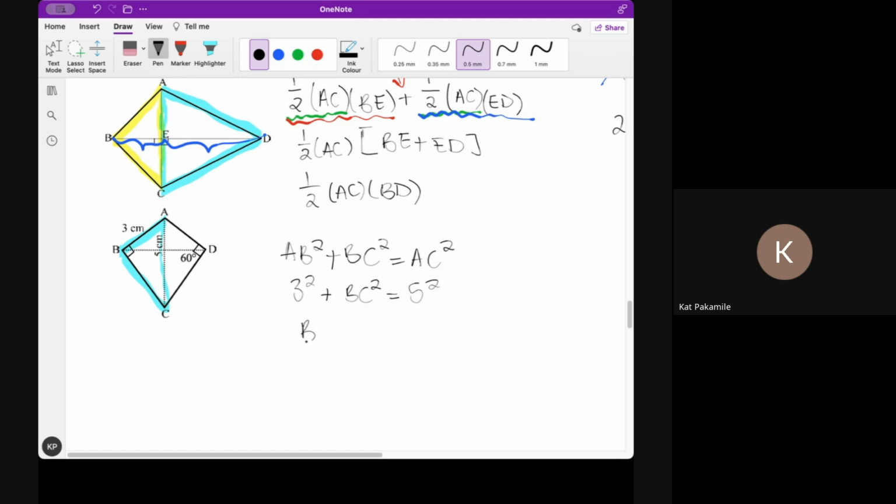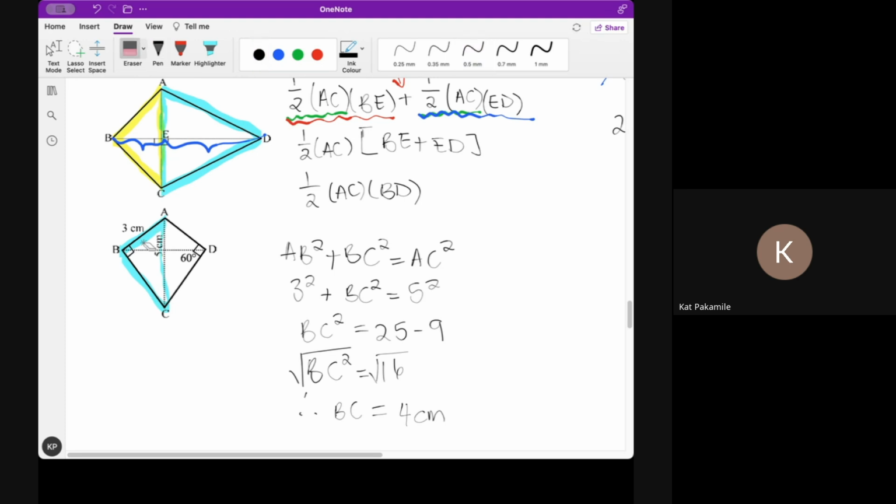Okay. That means BC squared is what? 25 minus 9 this time, which is 16. Tell me how much BC is, please. Therefore, BC is equal to 4 centimeters.